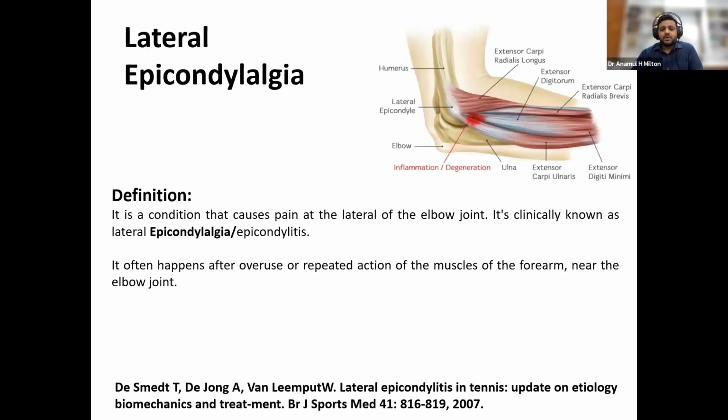So they call this more suggestive of lateral epicondylalgia rather than epicondylitis or tennis elbow.